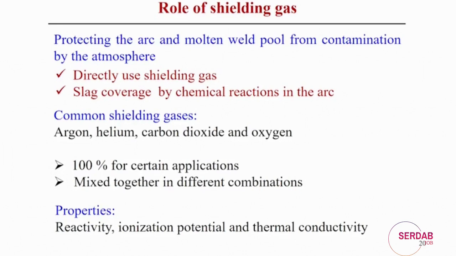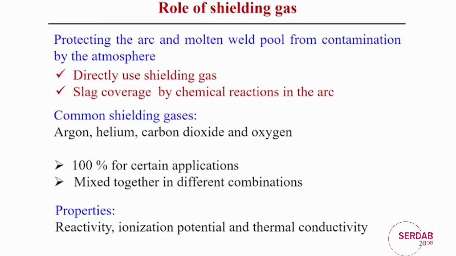So, the main role of the shielding gas we use in the welding process is to protect the molten metal from contamination by the outside atmosphere. That is the main objective of using the shielding gas. Now, this is an essential part of the welding process until and unless the welding happens in vacuum.